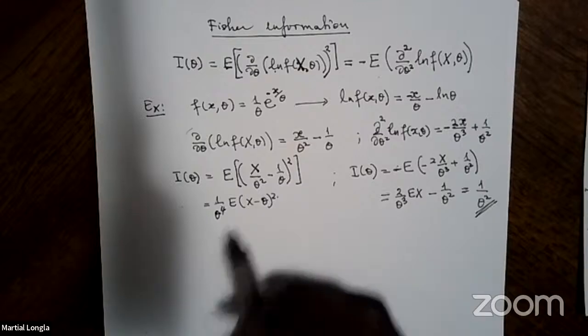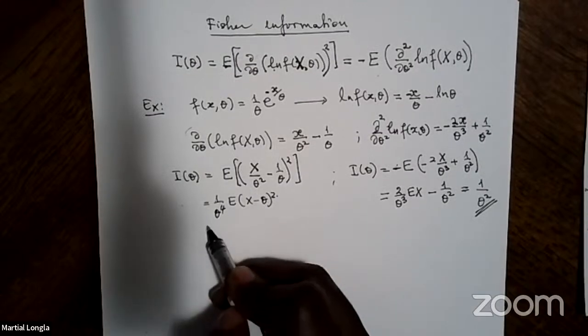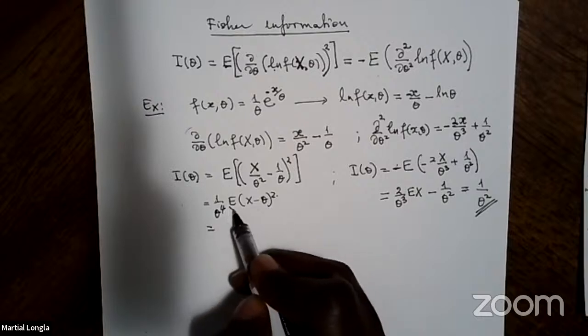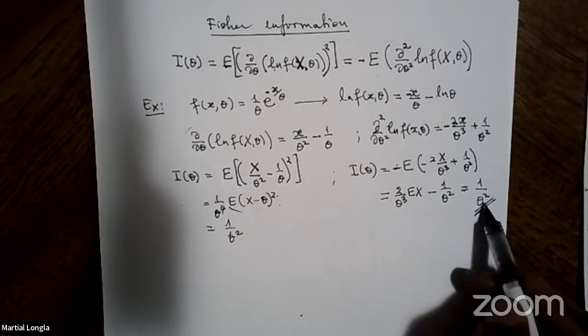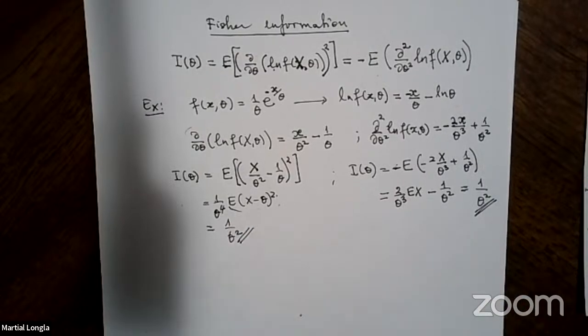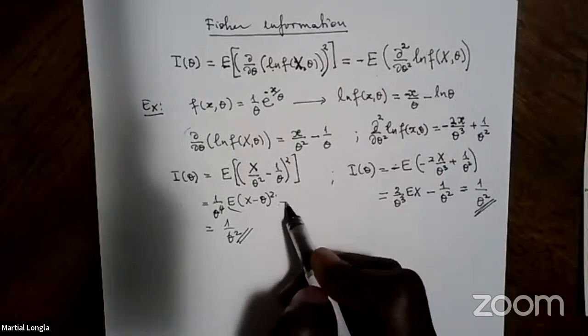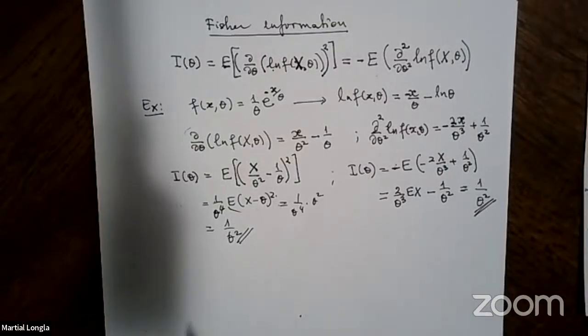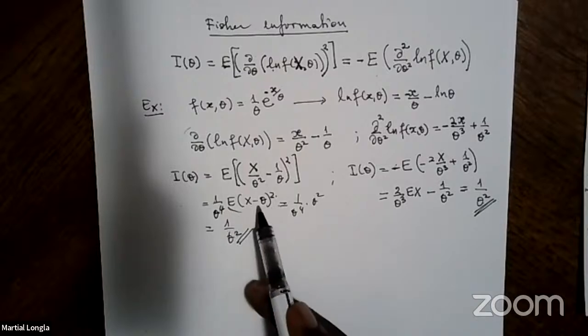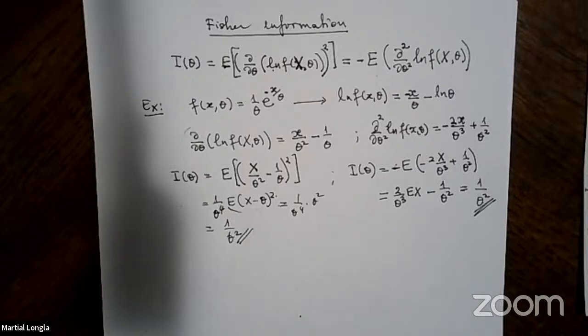It's equal to theta squared. So when you compute that, this here is theta squared, and you end up with the same answer you got there. This is 1 over theta to the 4 times theta squared, because this is the variance of x, and for this distribution, the variance is theta squared.